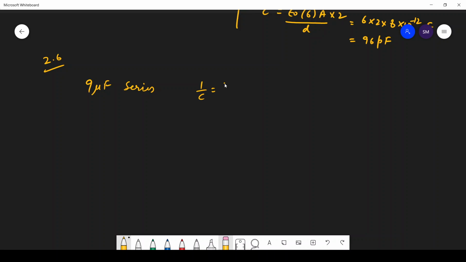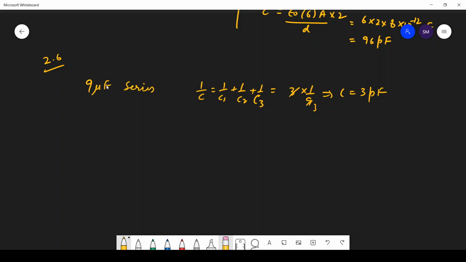So 1 by C is equal to 1 by C1 plus 1 by C2 plus 1 by C3, and all 3 of them are the same, so that's 3 into 1 by 9, so this gives me C is equal to 3. So 1 by 3 into 9, so C will be 3 picofarad. Is it micro or pico?